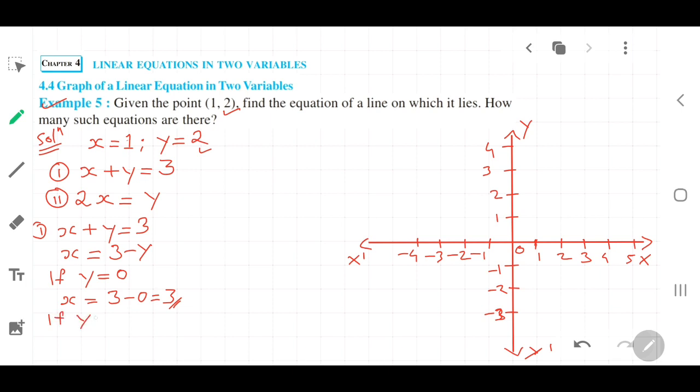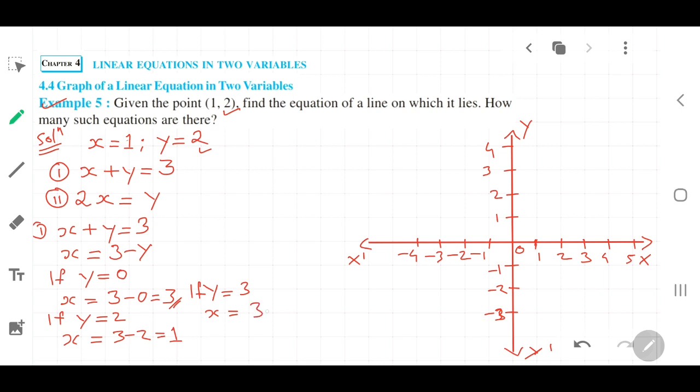If you take the value of y as 2, so what will be x then? 3 minus 2, that is equal to 1, correct? In the same way, if you take the value of y as 3, what will be the value of x then?